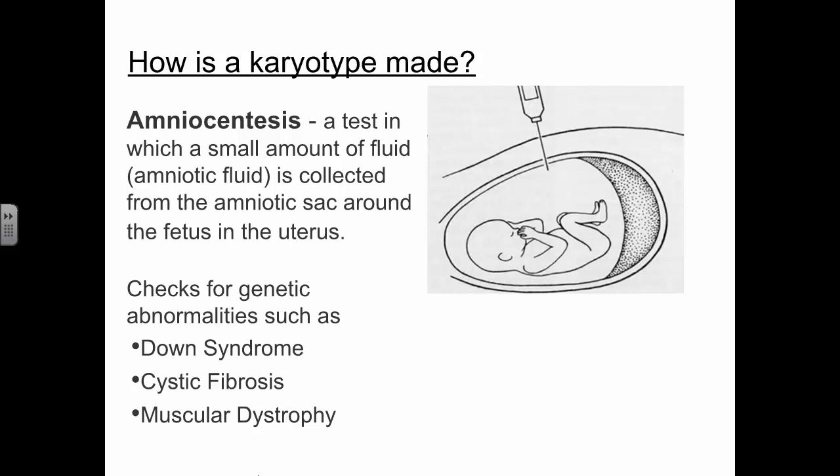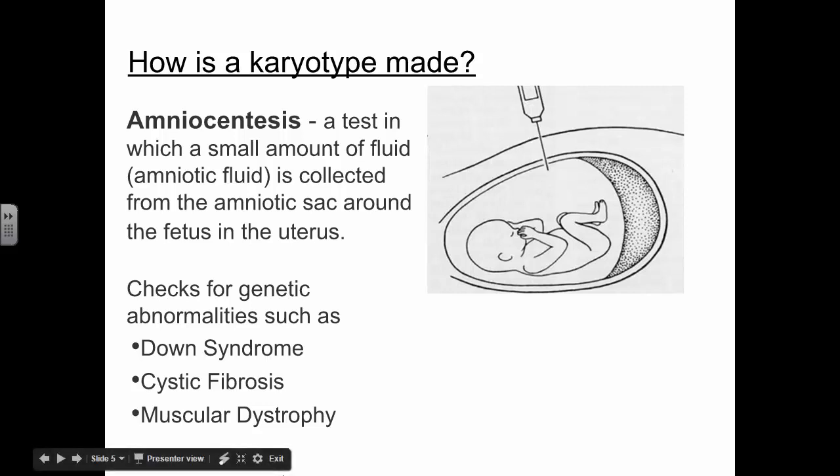And they use karyotypes to check for genetic abnormalities such as Down syndrome, cystic fibrosis, muscular dystrophy. There are issues with the splitting of the chromosomes when you're going through meiosis.